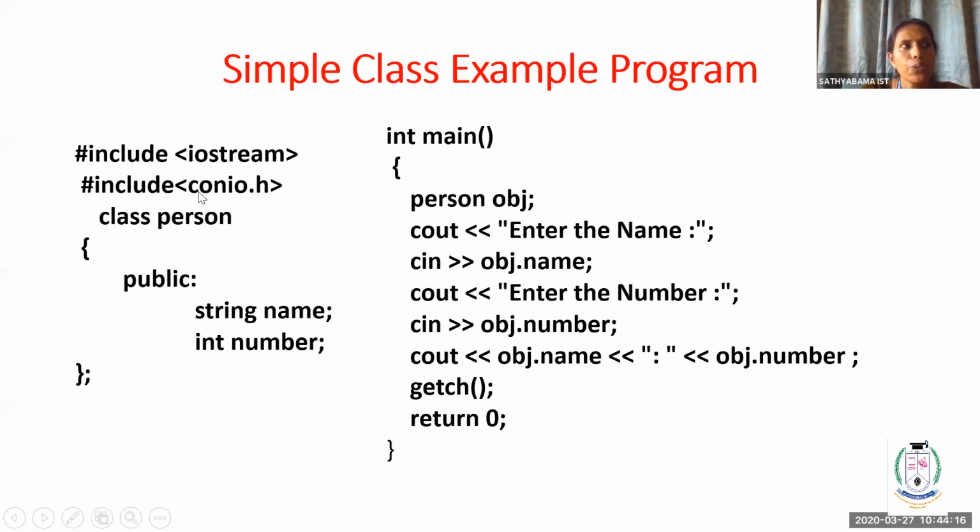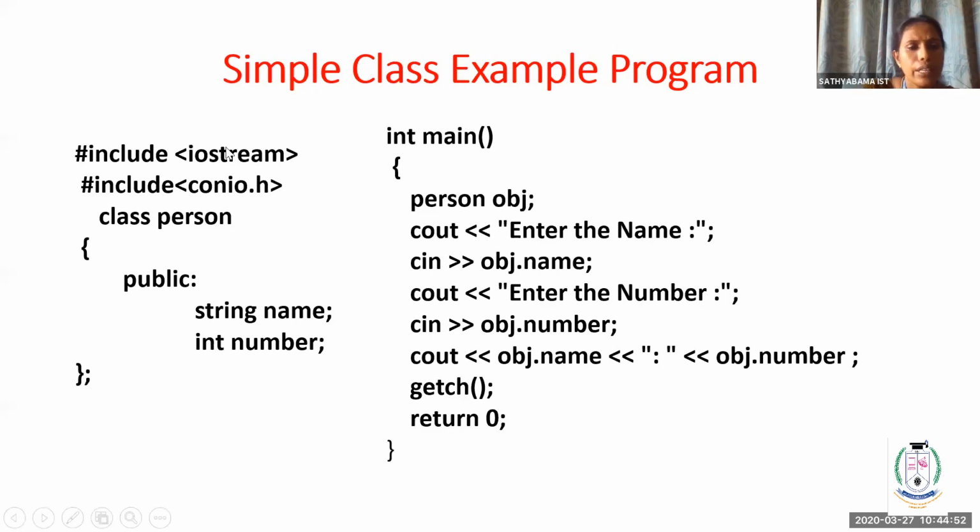Right? So when you see the programming design of a simple class example, look into that. Here in C++, we include the header file. In the C language, please compare and study, then only can you understand the difference between the C program and C++ program. In the C program, with the preprocessor directive, we have to say include stdio.h. That is the header file for including all your standard input-output statements.